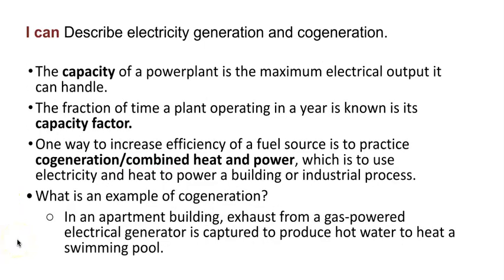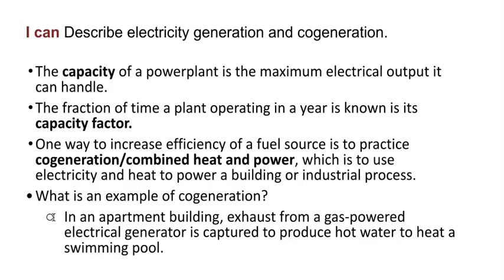Okay, let's talk about power plants. The capacity is the maximum electrical output it can handle, and you need to know that. You also need to know that you can use cogeneration to help with energy efficiency. Here's an example: in an apartment building, exhaust from a gas-powered electrical generator is captured to produce hot water to heat a swimming pool.